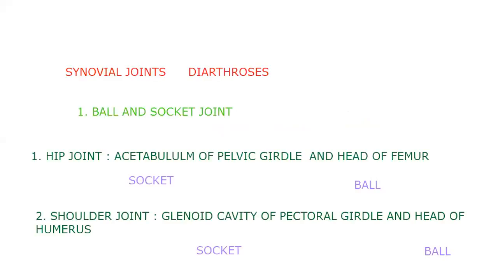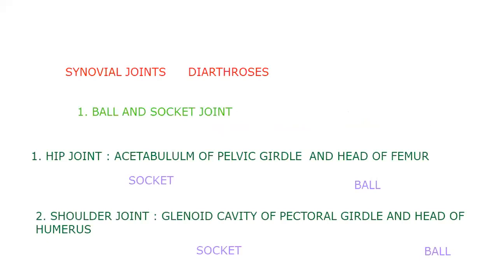So now we'll go with the complete one. Let me revise once, and after that I'll show you all these joints in the bones. Let me go once again from the beginning. We said synovial joints are diarthroses. Number one, the ball and socket joint.